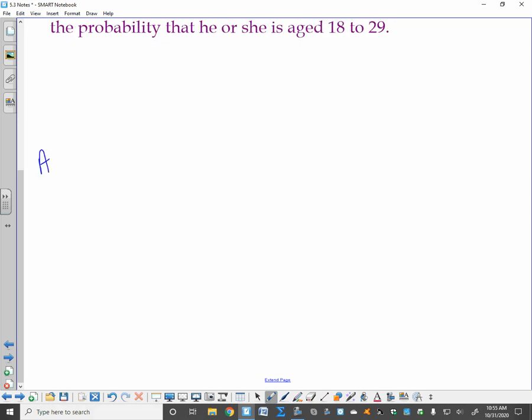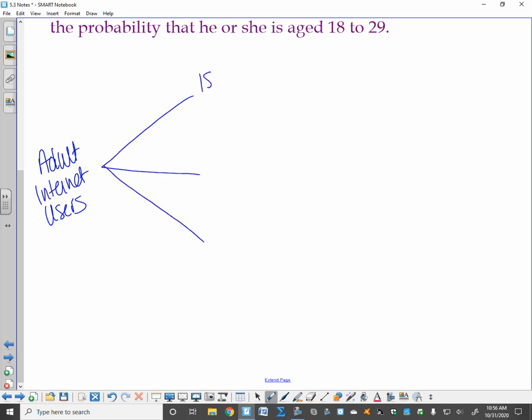All right, so I have adult internet users, and they are in 3 categories: 18 to 29-year-old, 30 to 49, and 50 plus.